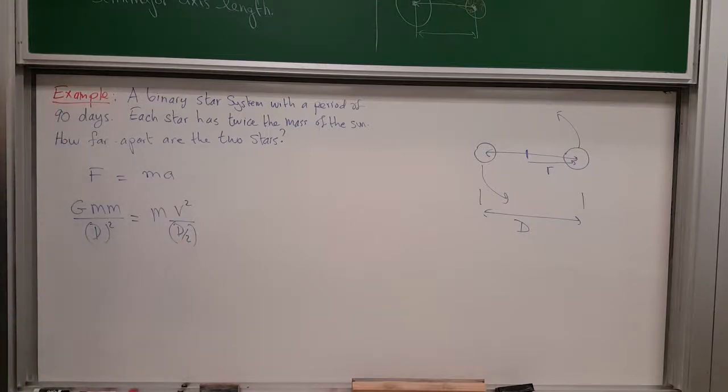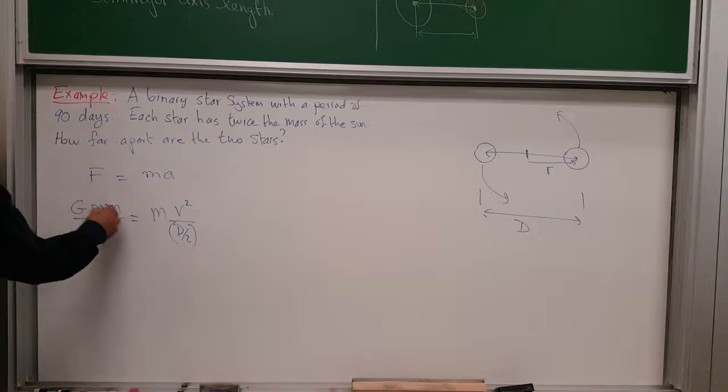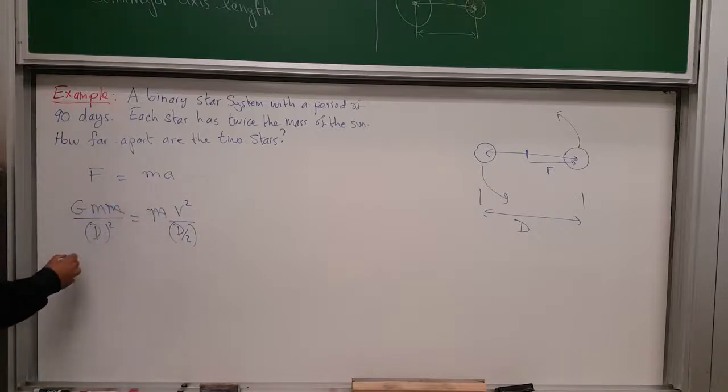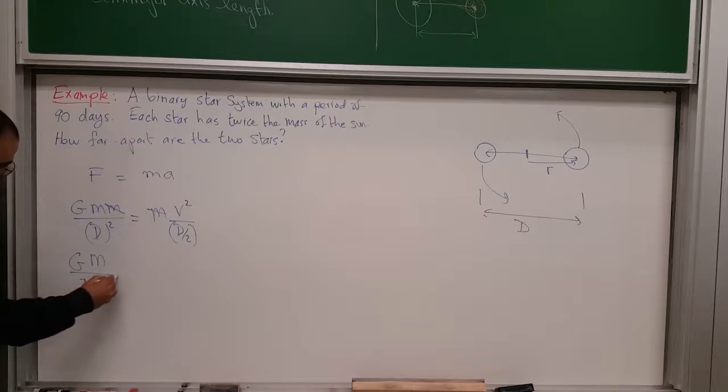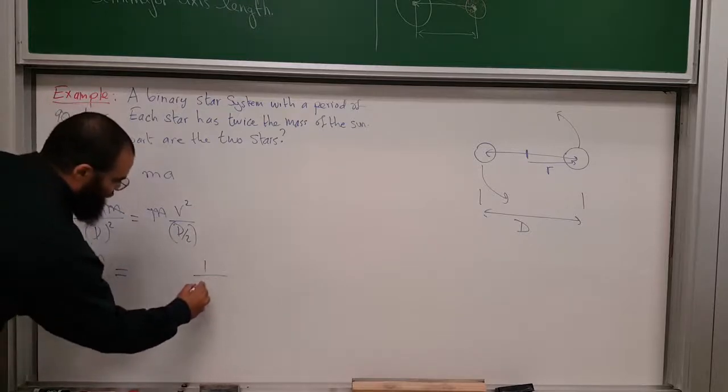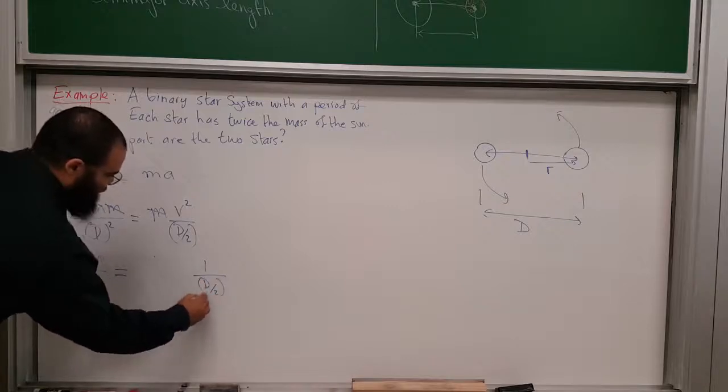And so one of the masses goes away, so I have G m over D squared here. The 2 goes upstairs, or actually let me just leave it there. So I get v squared, but so I have 1 over D over 2 right here.